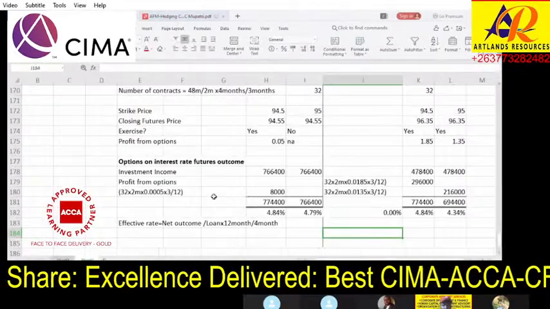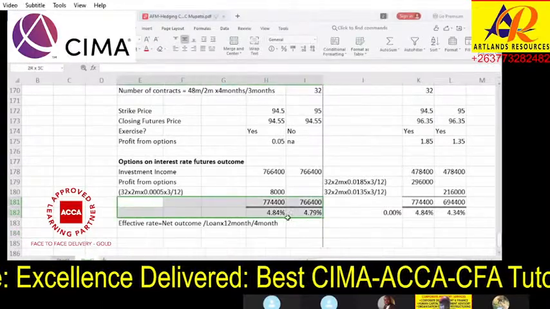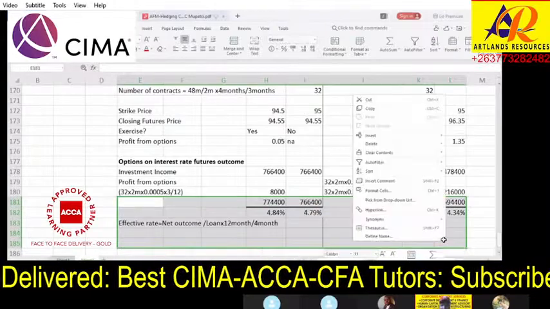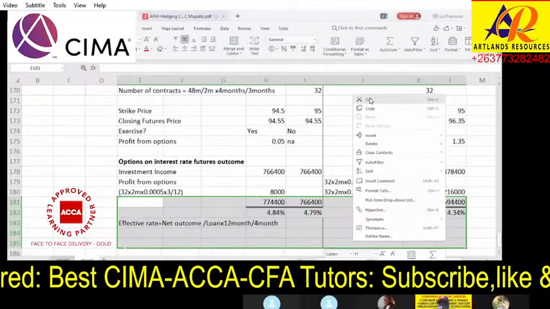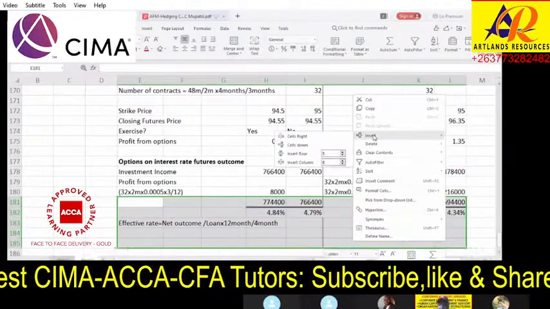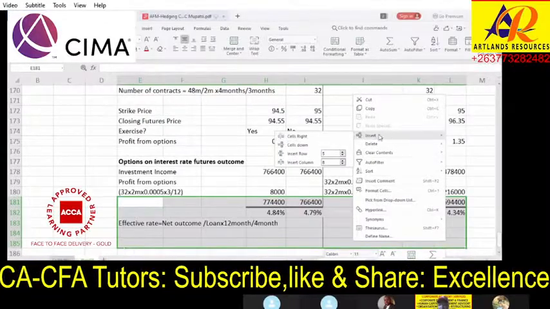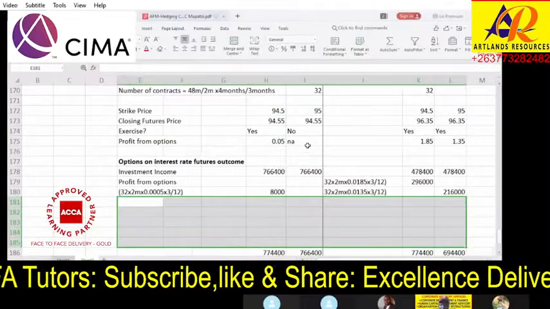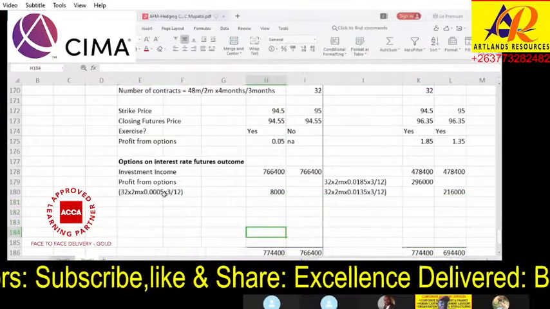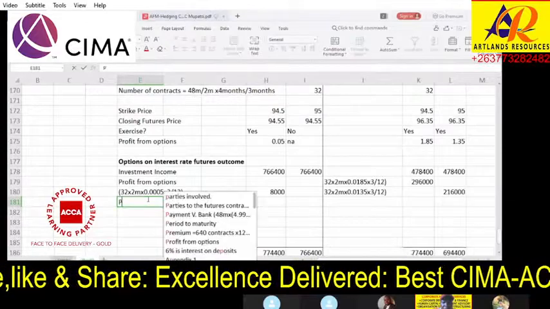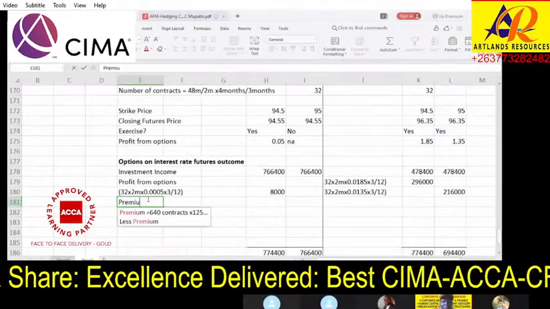I don't know why nobody from the class reminded me that you have left out the premium. When it's an option, remember there is premium. So you come here and say premium. This is paid at the beginning.